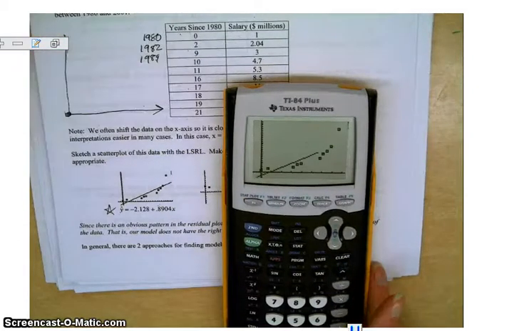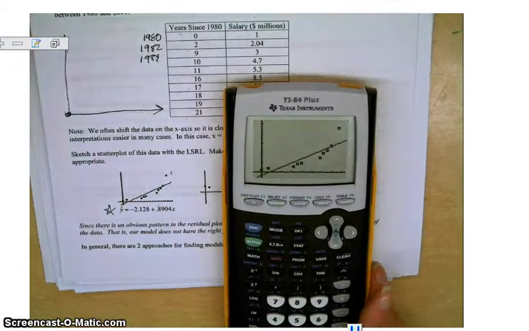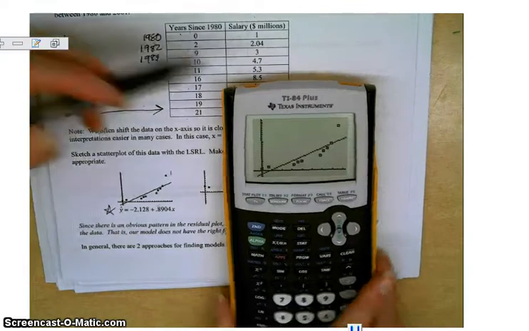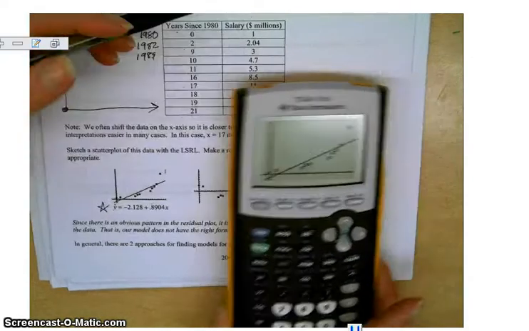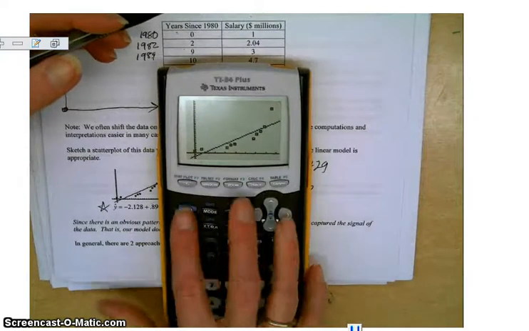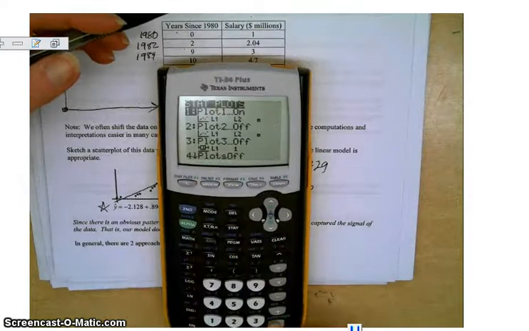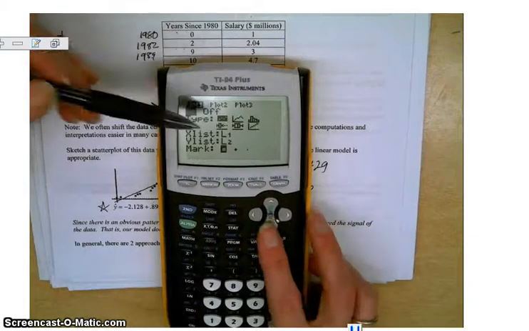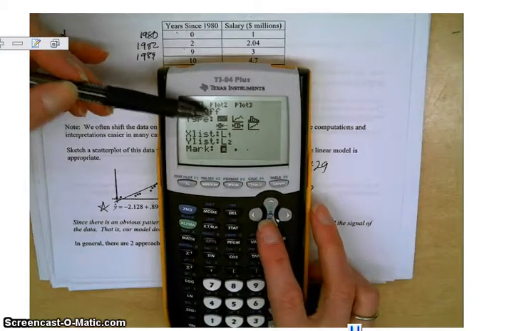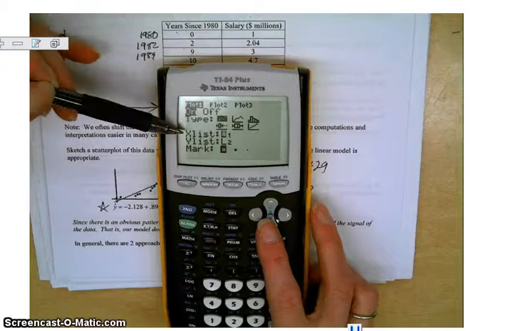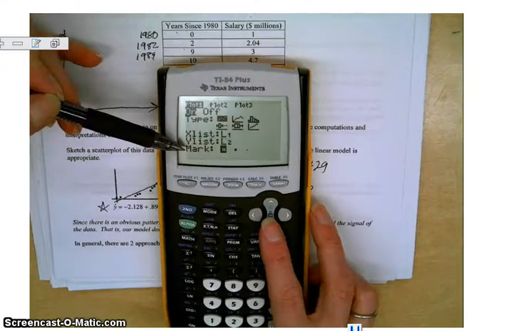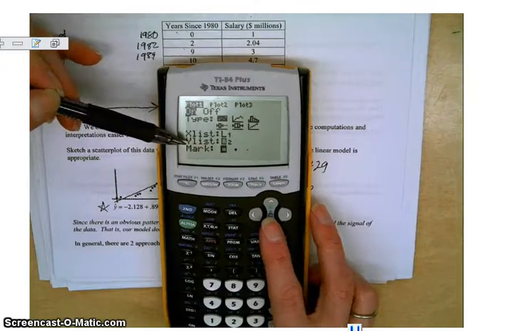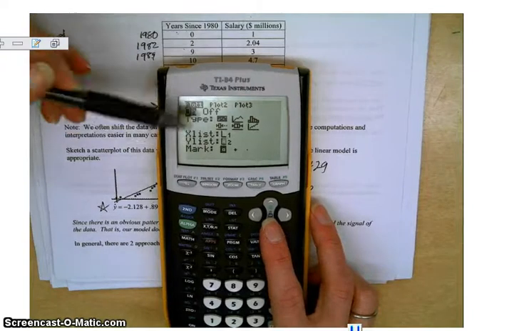I've also got the linear regression line in there, and it's okay. But then the thing is, I look at the residual plot. So now what I want to do is go to the stat plot and look at my residual plot, which is also a scatter plot. To get your residual plot, you're going to do the x's with the residuals, which, since we already did the stat calc 8, it's already there.